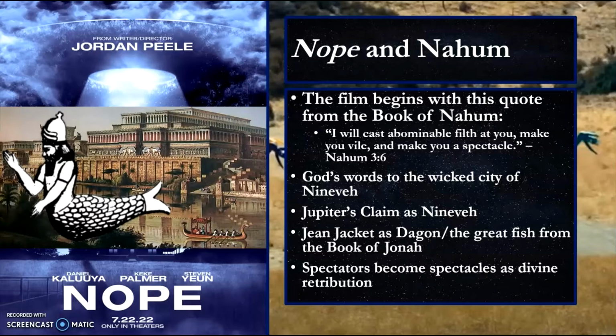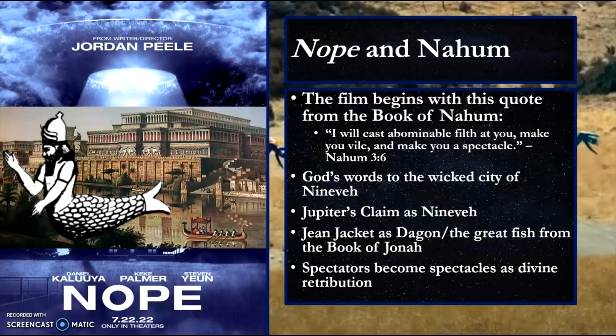And when I think of the city of Nineveh in terms of Nope, I think of Jupiter's Claim, the theme park. It's surrounded by desert, kind of like the biblical Nineveh. It also has these people in it who seem to be idol worshippers, right?